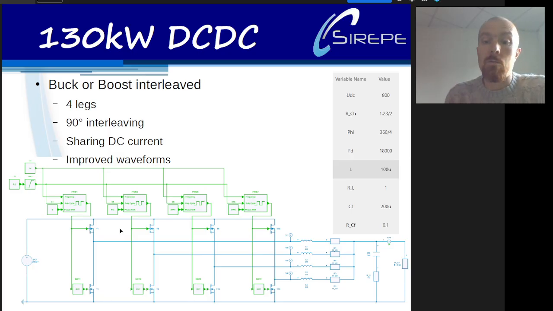So we begin by simulating the positive one only, with 4 legs and 90-degree interleaving between each leg. The waveform will be improved, we'll see that. The resistor load is divided by 2 because we have only half of the DC bus. Each leg has its own inductance, summed in the filtering capacitors.